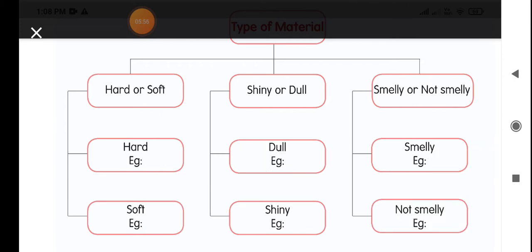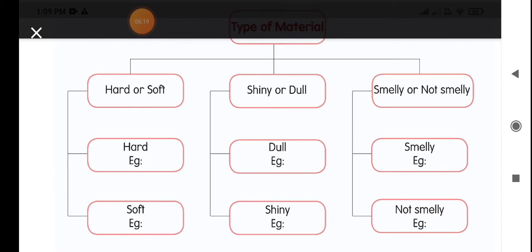Things which do not smell, like an iron box, a plastic chair or a stool, can stay the same way for years together. They won't rot and won't give any bad smell. Such things are known as non-biodegradable.